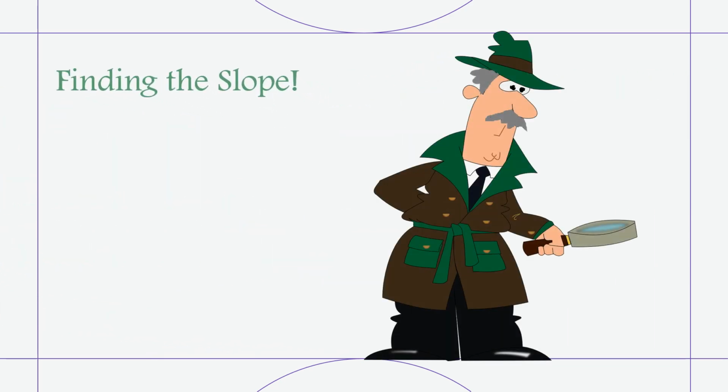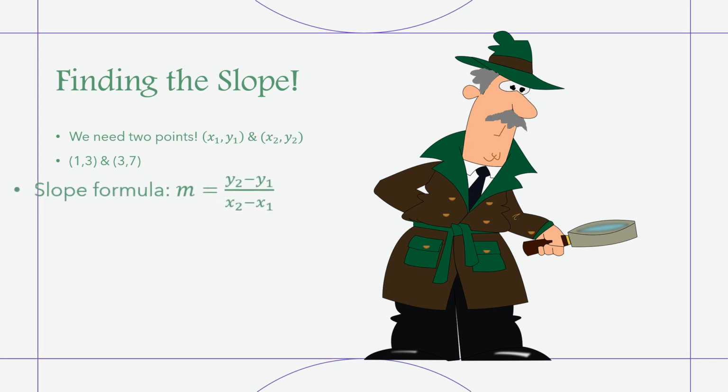Let's say we have a line that goes through the points (1, 3) and (3, 7). To determine the slope, we can use the slope formula, which is y2 minus y1 divided by x2 minus x1.